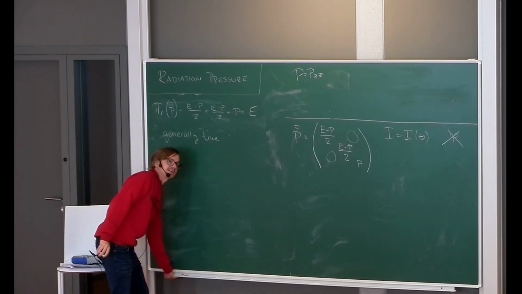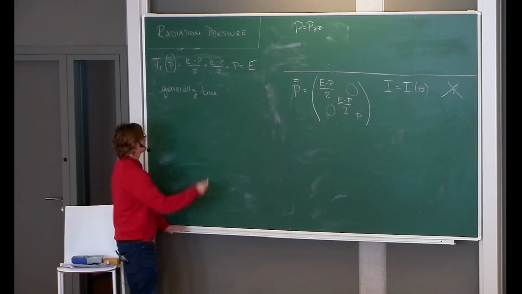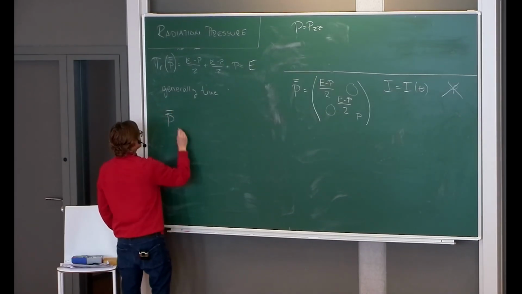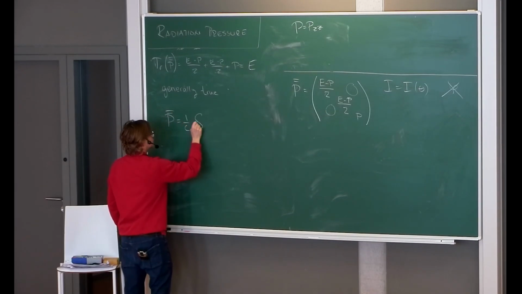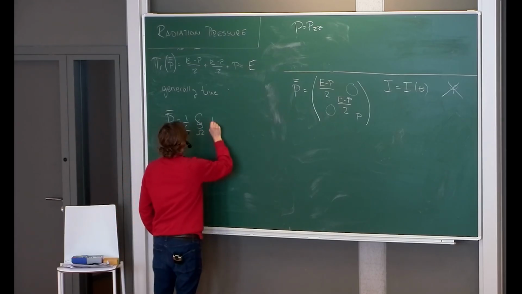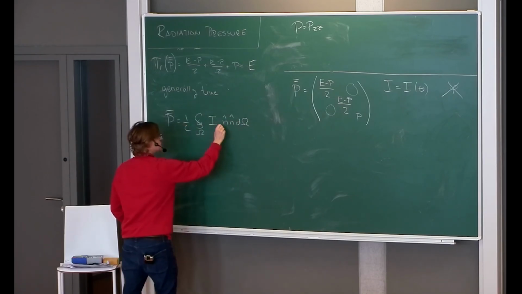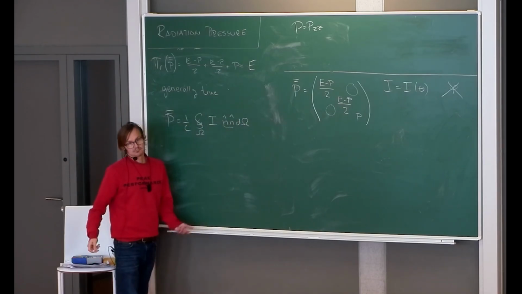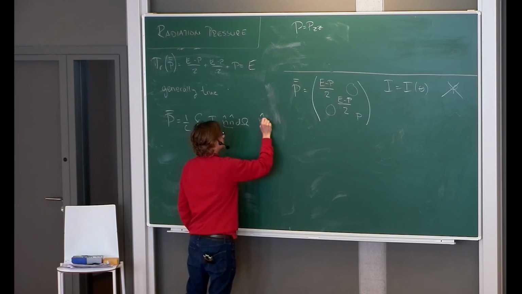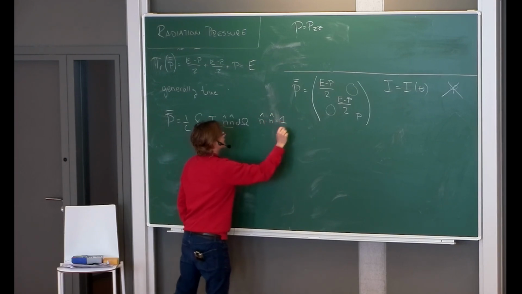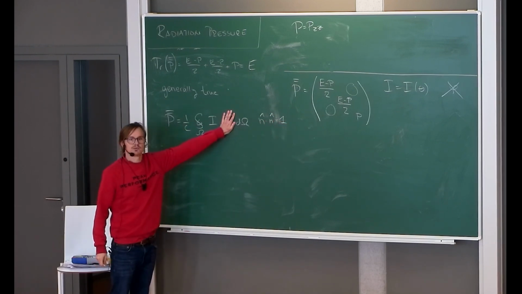And you can see this again by going back to the definition. Because these are unit vectors, their scalar product is 1. If the scalar product is 1, we end up with this.